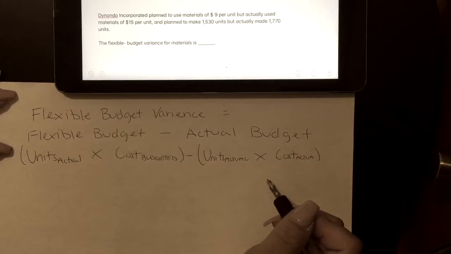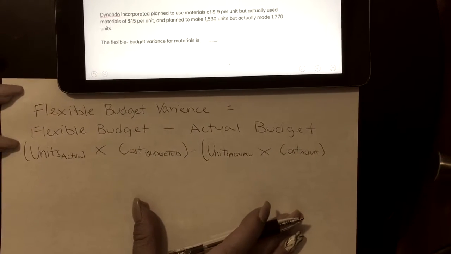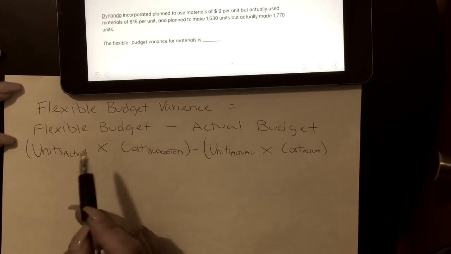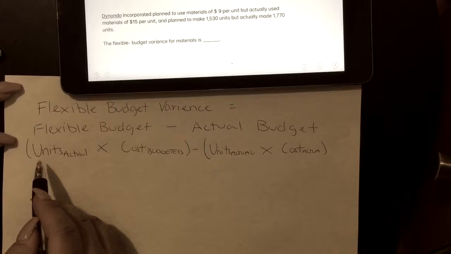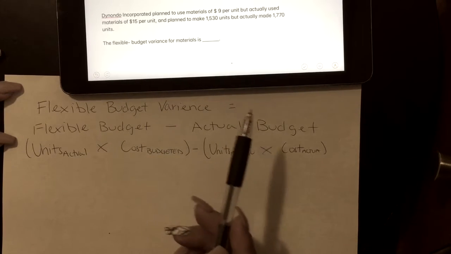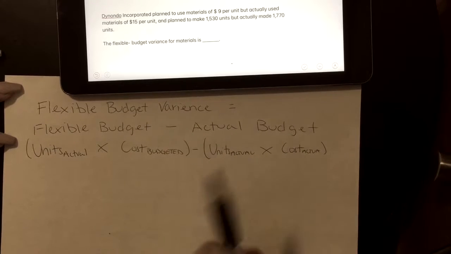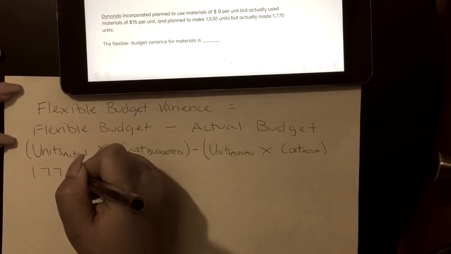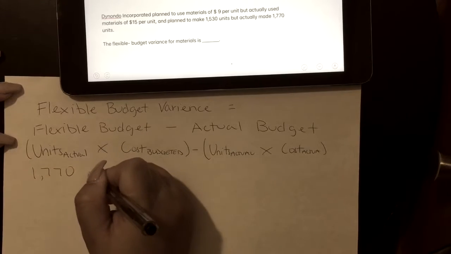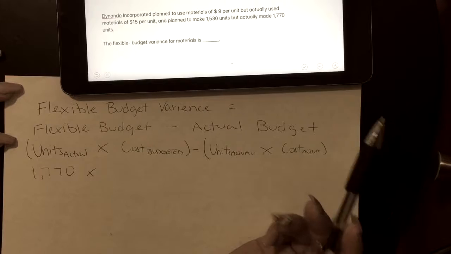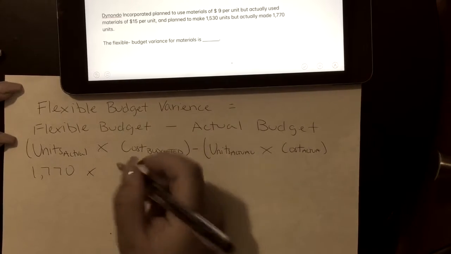Now let's try to figure out what our flexible budget variance is. Okay, so for our flexible budget, the number of units actually used was 1,770, multiplied by the budgeted cost, which is $9.